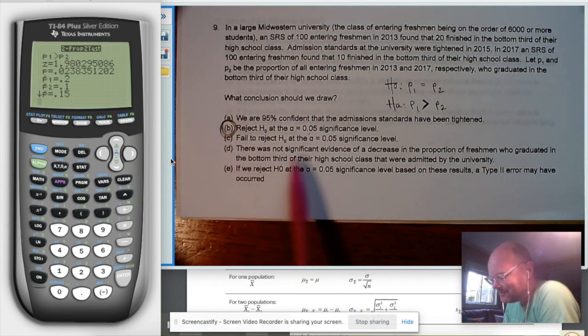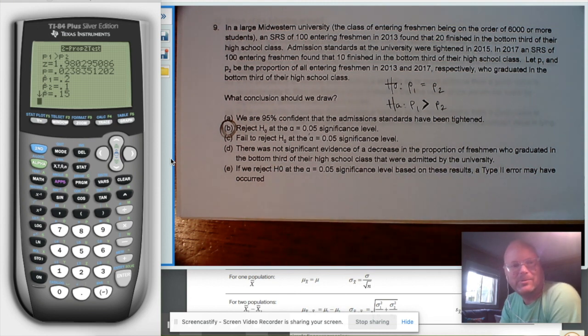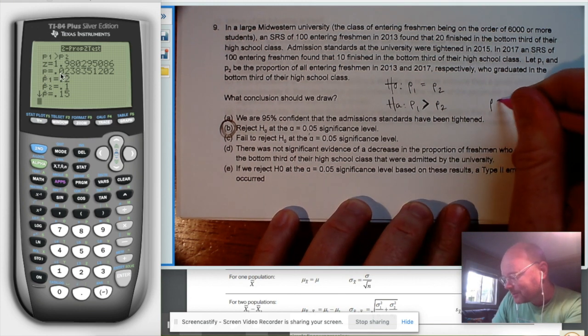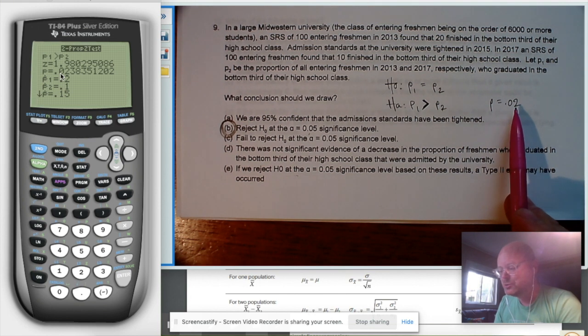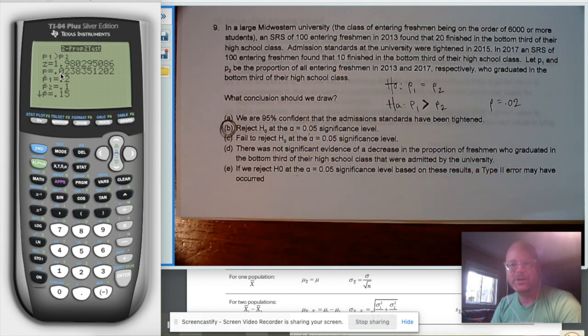D, there was not significant evidence of a decrease in the proportion of freshmen that were admitted. There was a significant decrease, and that's what we just showed, right? It's very unlikely. That p-value of 0.02 tells me that there's less than a 2% chance that we would have seen these kind of numbers if the null hypothesis was true.